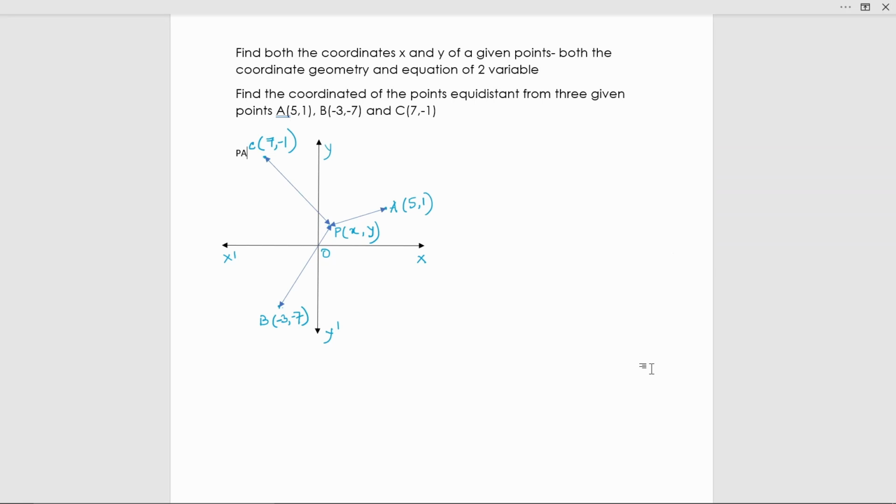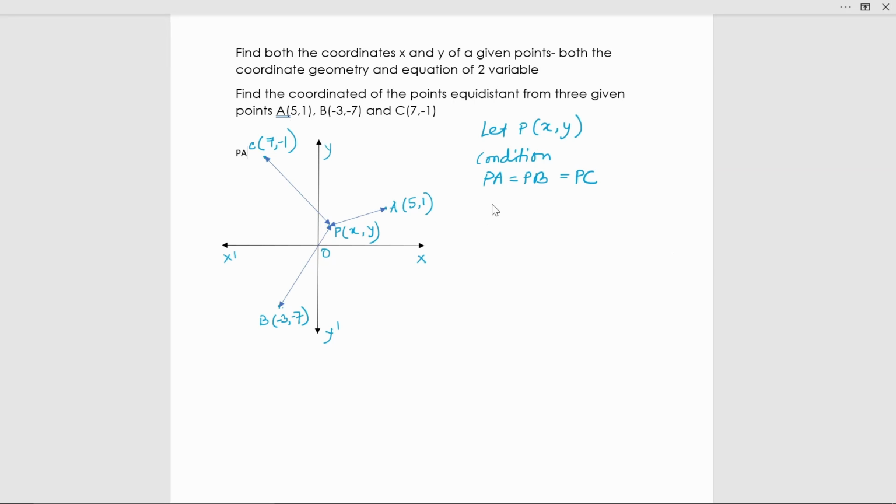We have already plotted those points as shown here: C, A, B and P. Let's take the point P, which we need to find, as (x, y). So this x and y is unknown. And the condition given is PA equal to PB equal to PC.